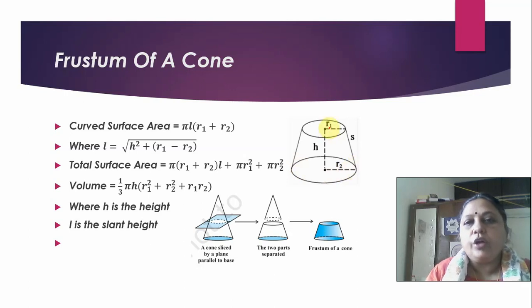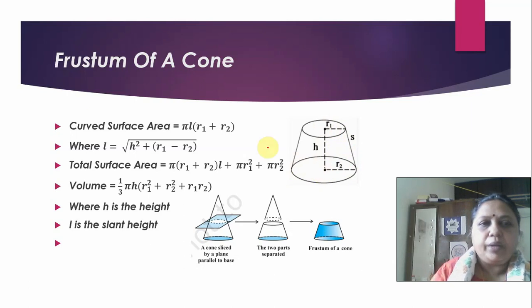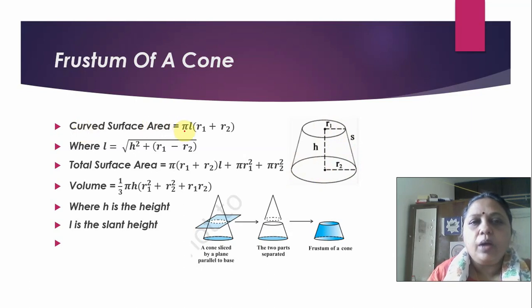Okay. So you have two radii, R1 and R2. Here in this figure, the lower one is R1 and the upper one is R2. And L is the slant height and this is the other height. Now, curved surface area is equal to pi r l, isn't it?